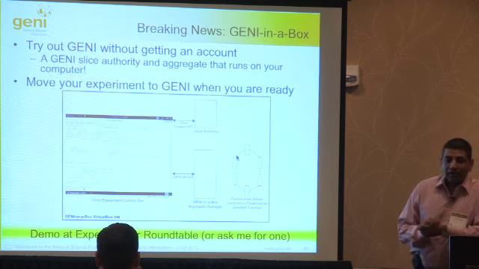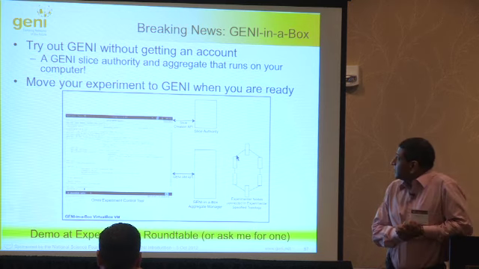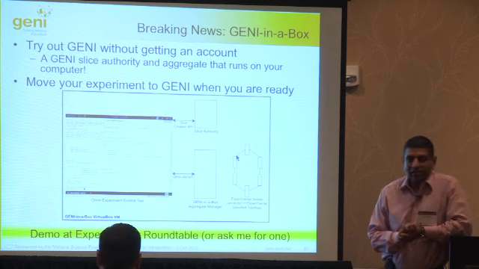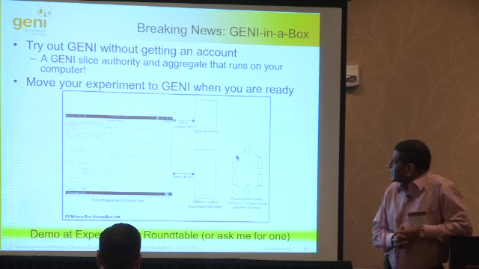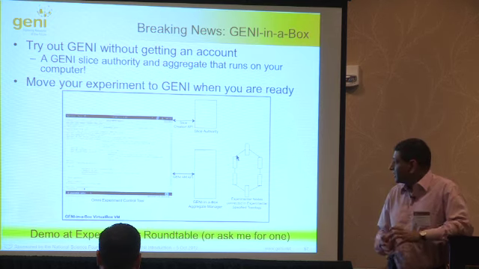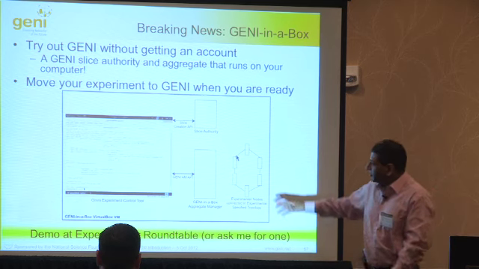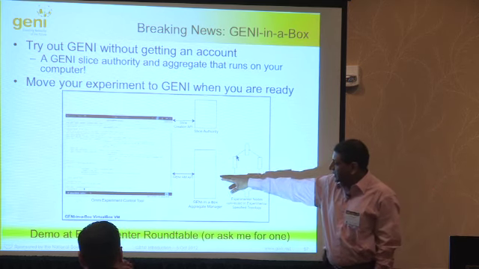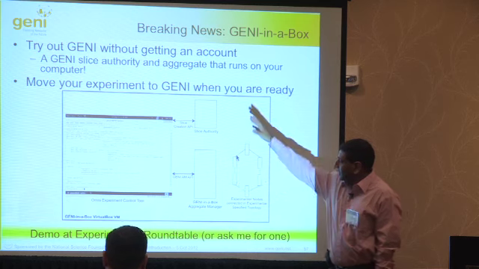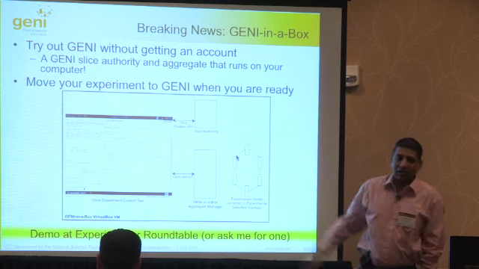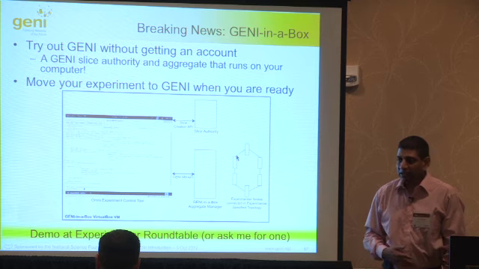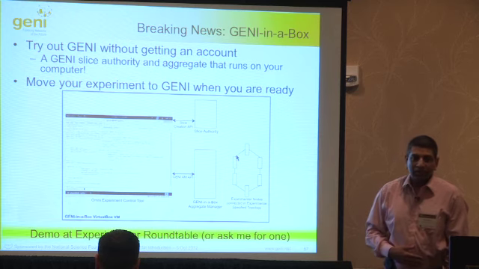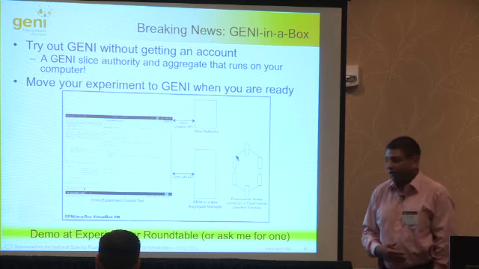Another thing we have now is something called GENI in a box. If you want to try out GENI at a small scale without having to apply for an account, essentially it's a self-contained piece of software that's got an aggregate manager, a slice authority, and resources all running on your computer. So you're not using real GENI resources. These are all resources simulated on your computer.